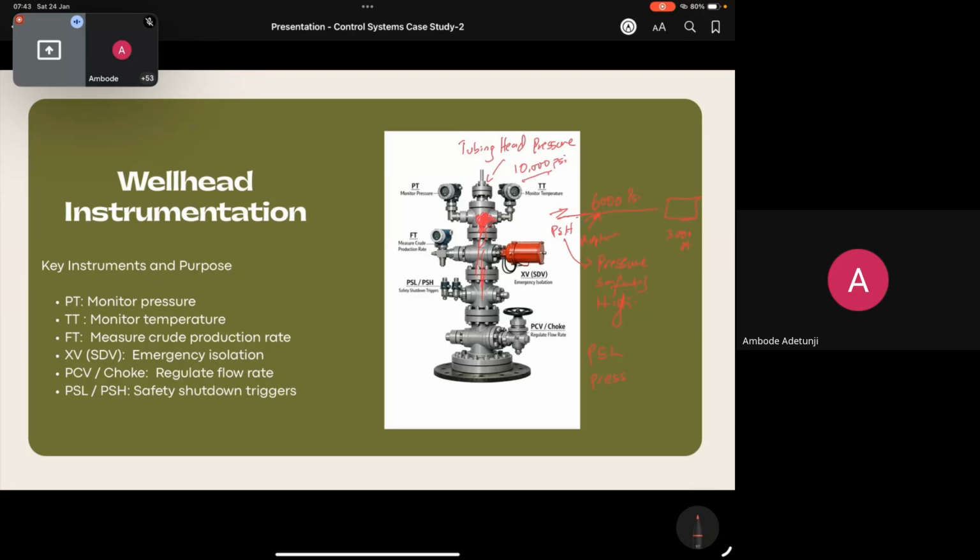Now, PSL, pressure safety low, right? The PSL monitors if the pressure on this wellhead becomes lower than the pressure on this pipeline, we still want to shut down this pipeline. The reason is that if the pressure on this side is lower, then there will be a backflow into the wellhead.